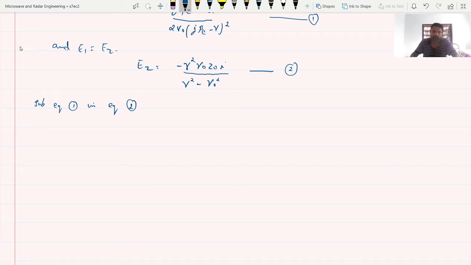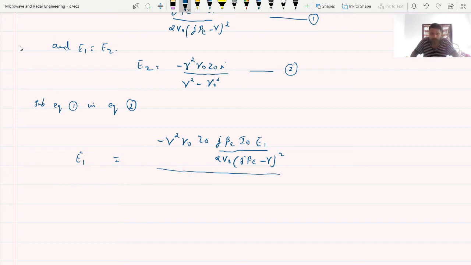That is, E1 is equal to minus gamma square gamma naught Z naught times j beta e I naught E1 divided by 2 V naught times (j beta e minus gamma) the whole square, all divided by gamma square minus gamma naught square.